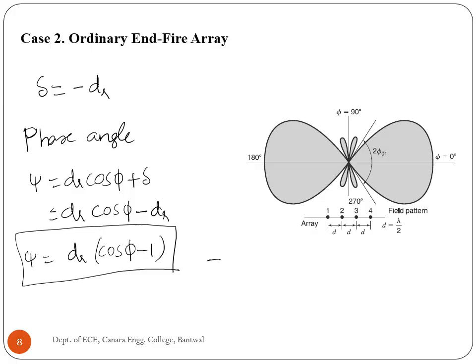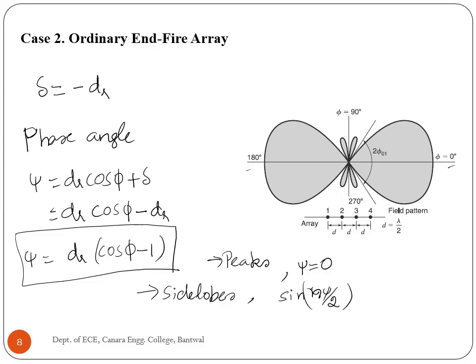Condition for peaks: xi equal to 0. Therefore, we will get main lobes at 0 degree and 180 degree. Condition for side lobes is sine of n xi by 2 equal to plus or minus 1.